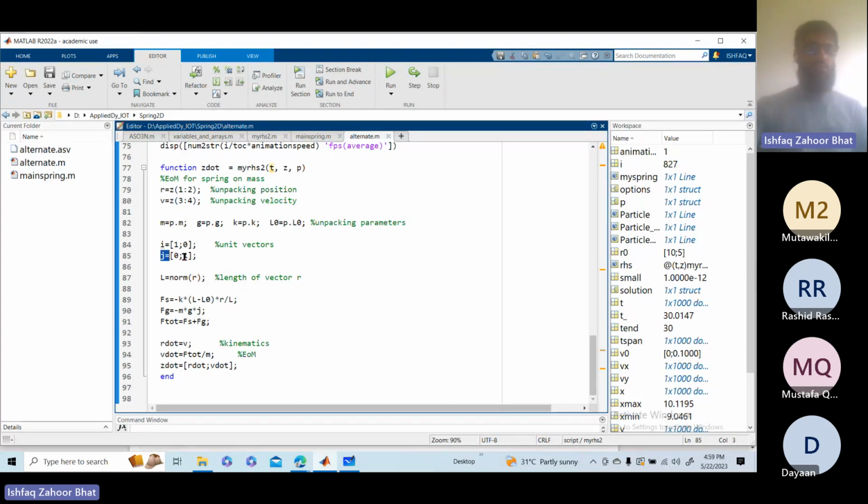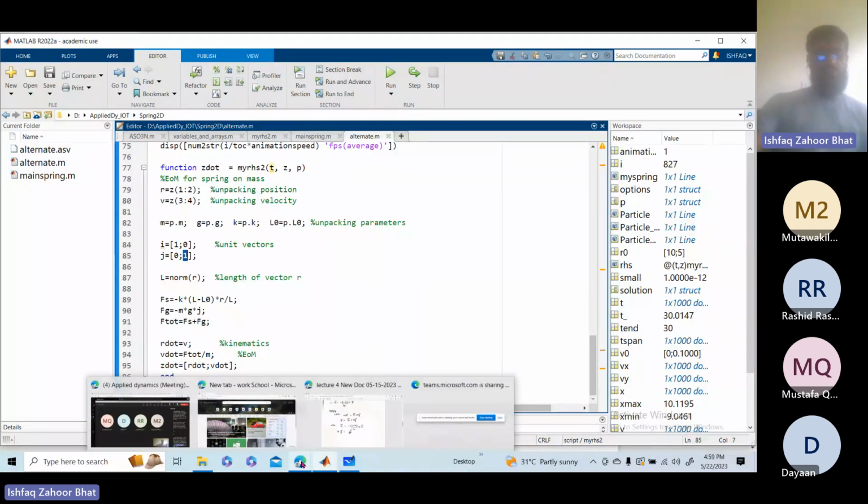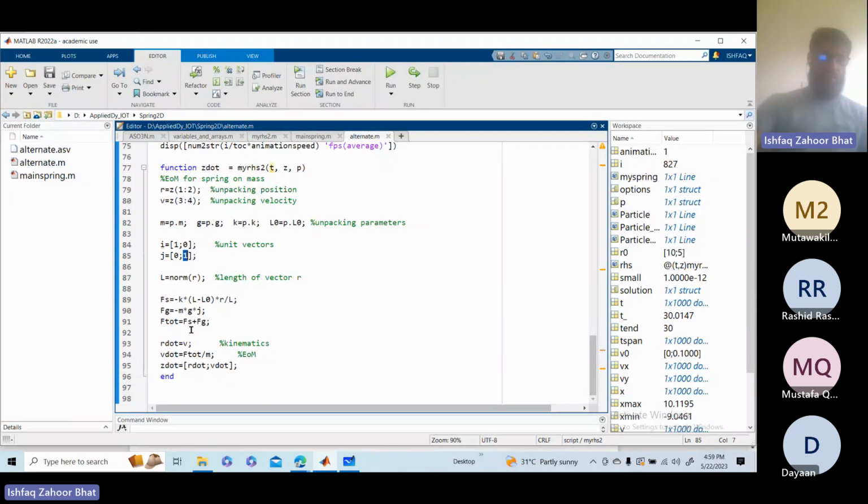j is 0, 1. So basically, j is a unit vector. It has 0 component in the x direction and it has 1 component in the y direction. Are you getting this? If you understand this, you will understand the whole course if you understand this many lines.